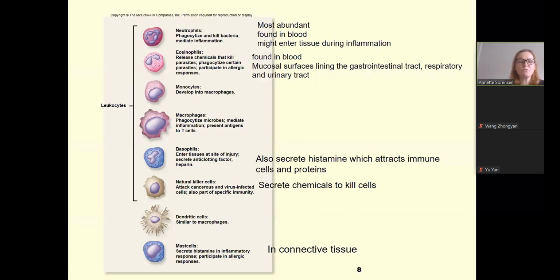I'm not going to go through this one again. We went through all the cells yesterday: the leukocytes, the white blood cells, neutrophils, eosinophils, monocytes, macrophages, basophils, and natural killer cells. We went through what these were able to do yesterday, and we also talked about the dendritic cells and the mast cells.